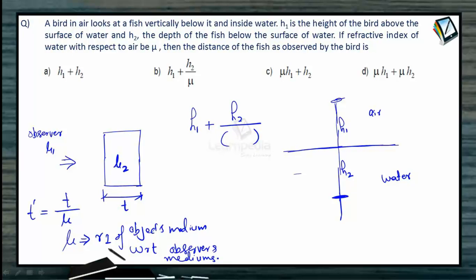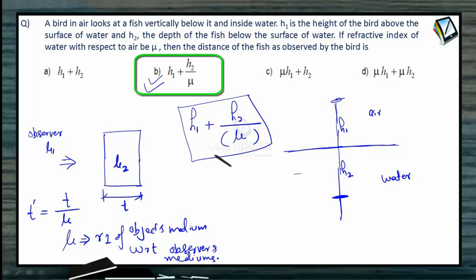Mu is the refractive index of object's medium, means water, with respect to the observer's medium, which is air in this case. So mu is given with respect to air, so you can use it directly. So H1 plus H2 upon mu will be the answer to this question. So of course B will be the right answer.